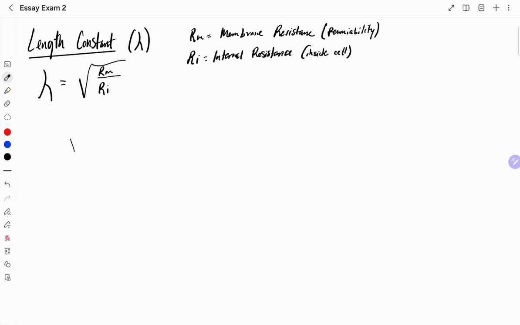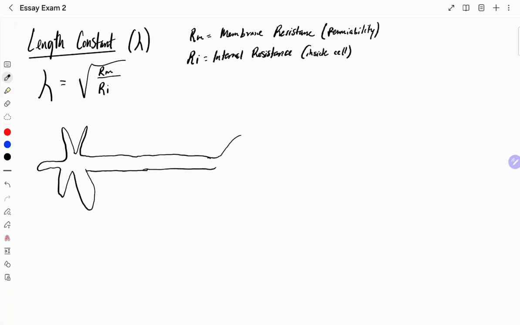So if we have our neuron here like this, we have this axon moving down this way. Our membrane resistance is essentially, if you have a high membrane resistance, it is more difficult for ions to pass through the membrane here.